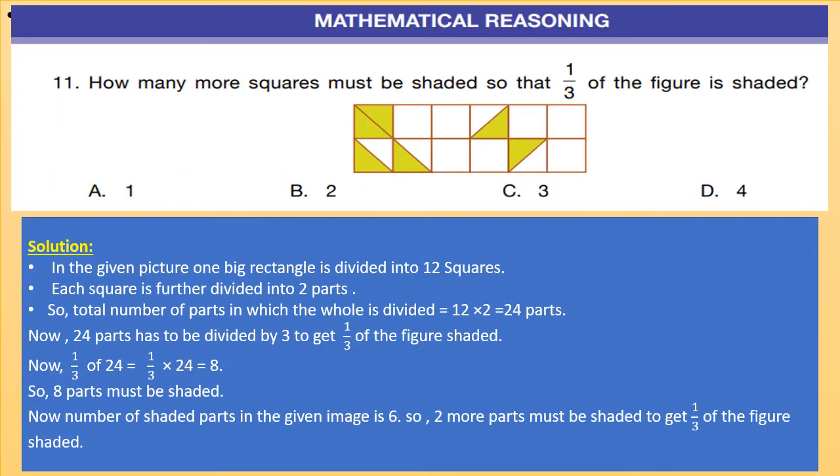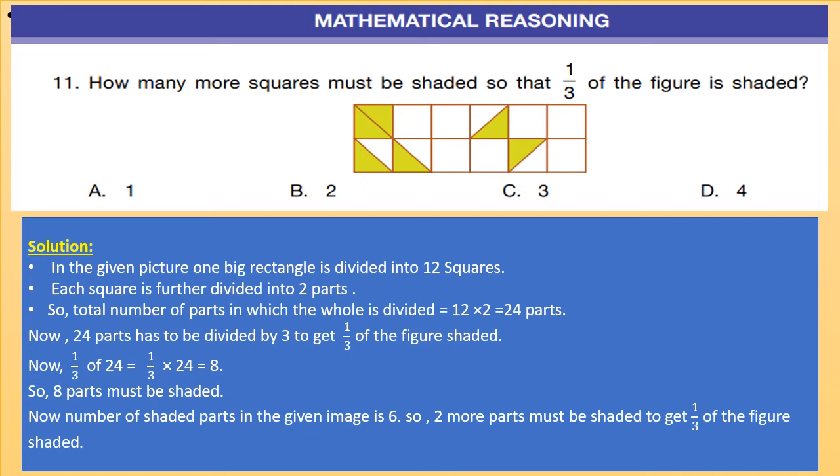Question 11. How many more squares must be shaded so that 1/3 of the figure is shaded? Now see the figure carefully. In the given picture, one big rectangle is divided into 12 equal squares. Now each square is further divided into 2 parts.